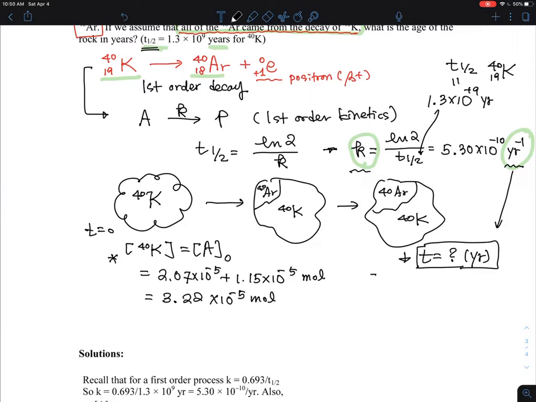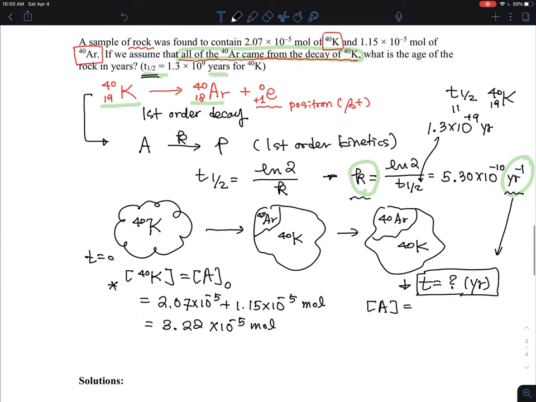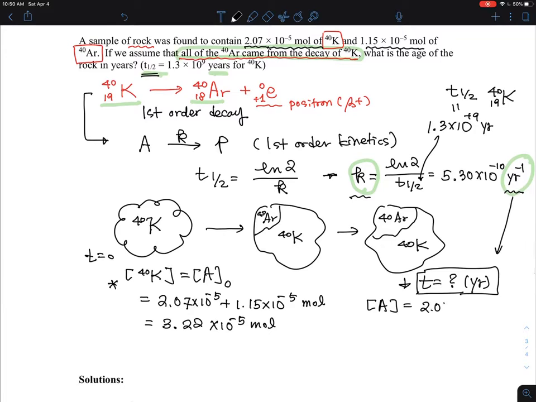So I got this one then. What's my A given in the problem? That was for the current time. This is the potassium concentration, which is 2.07 times 10 to the minus 5.